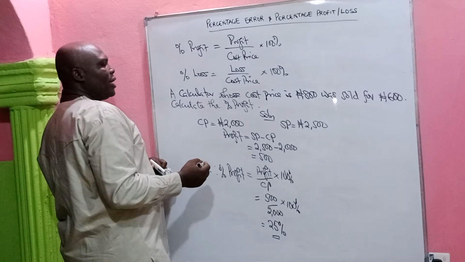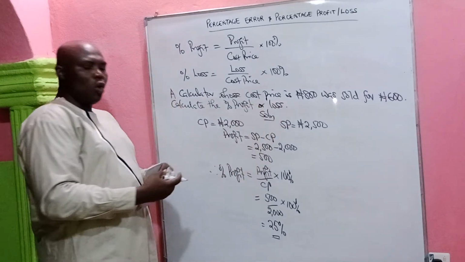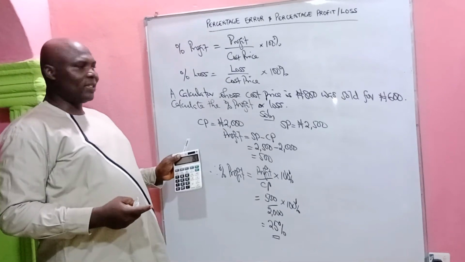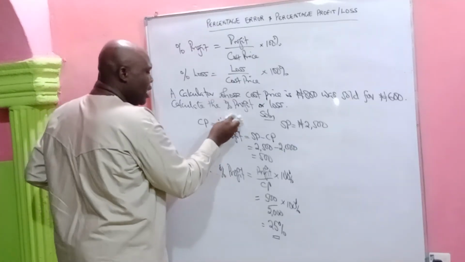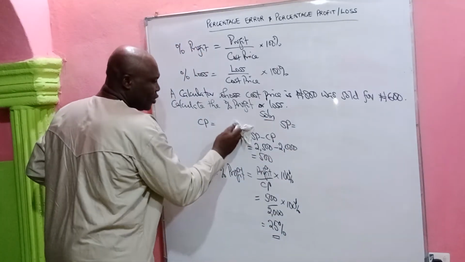Now calculate the percentage profit or loss. So we need to know what the percentage profit or loss will be as a result of selling this calculator. All right, so we are going to change and see how this is going to be.